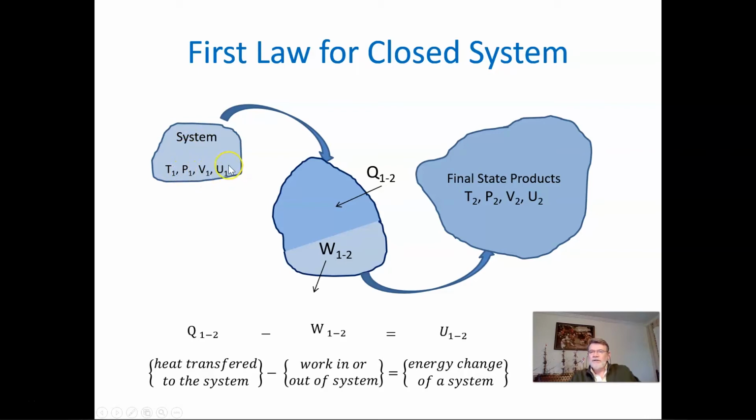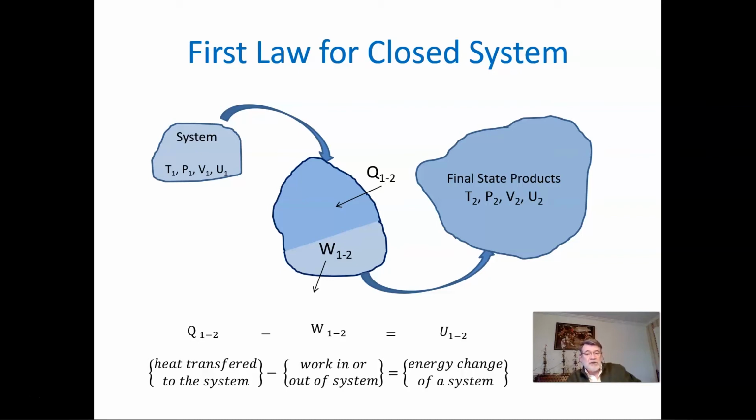Do you remember what that U is? U is defined as the internal energy of a thermodynamic system. It is the sum of all the energy held by the molecules. It is a measure of the energy within the system.